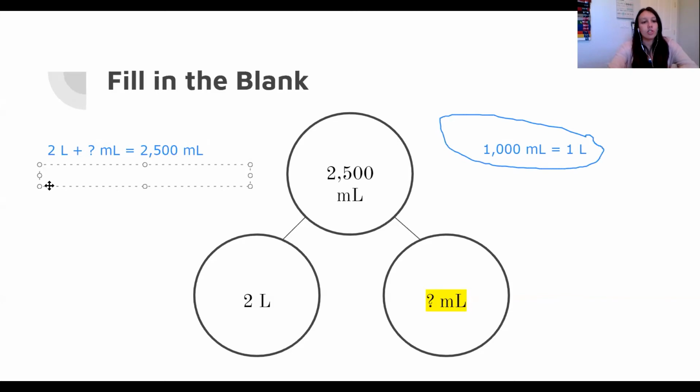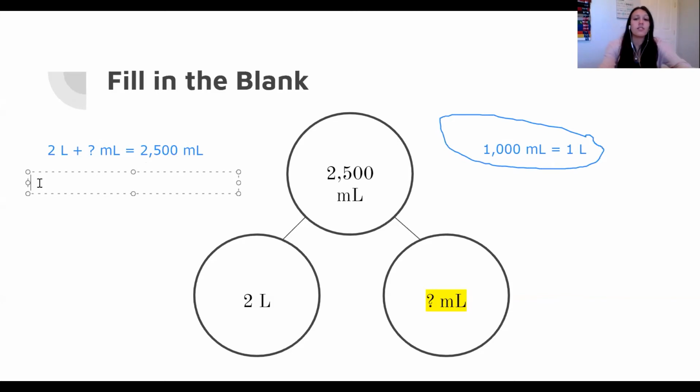So let's figure out 2 liters. How will we write this in milliliters? Well, we know 1,000 milliliters equals 1 liter. So if we have 2 times that, 2 liters, we're going to have 2,000 milliliters, right? So we're going to write 2,000 milliliters plus question mark milliliters equals 2,500 milliliters.